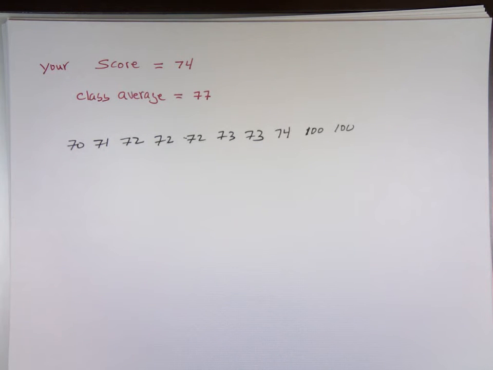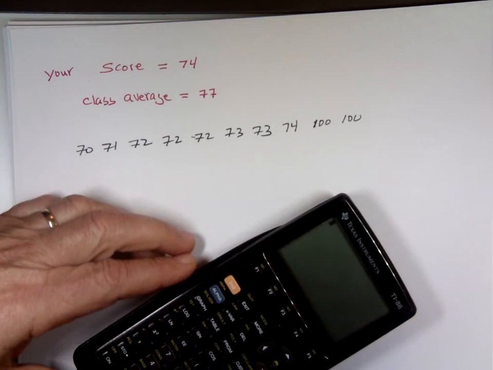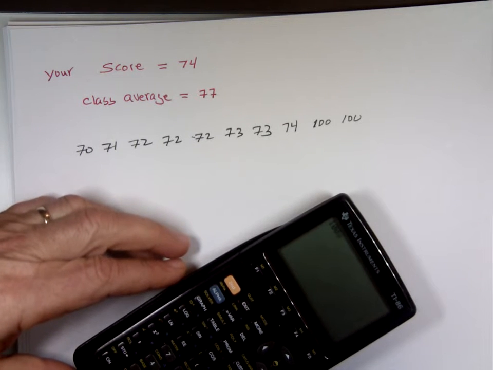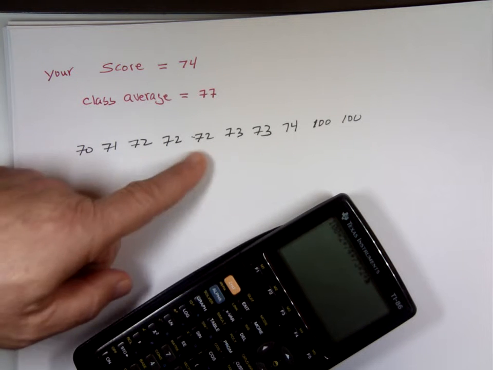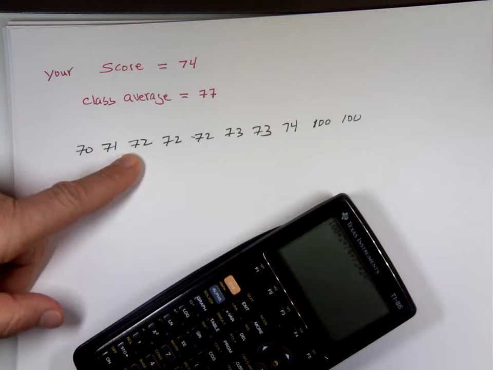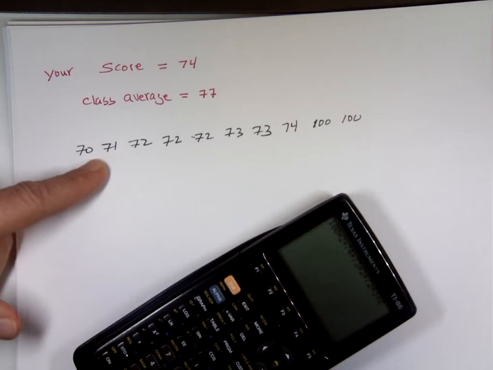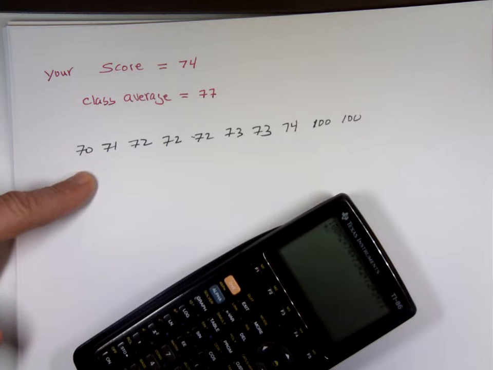What's the average for that group? 100 plus 74 plus 73 times 2 plus 72 times 3 plus 71 plus 70.